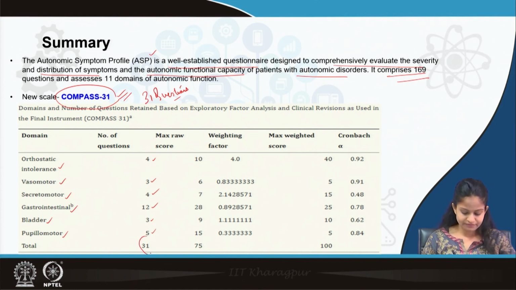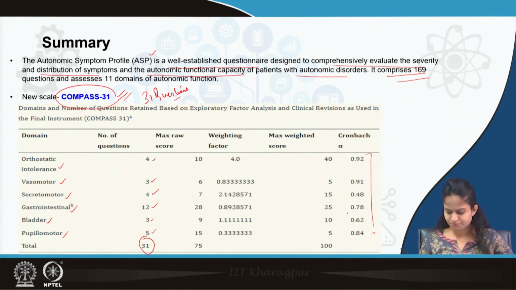So, totally we have 31 questions, and usually the Cronbach alpha, except in pupillomotor and secretomotor, is more than 0.8. So, it has good validity, the internal validity of this scale is good enough.